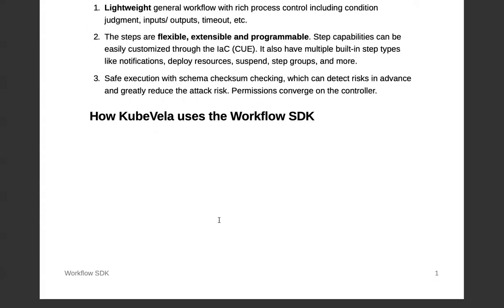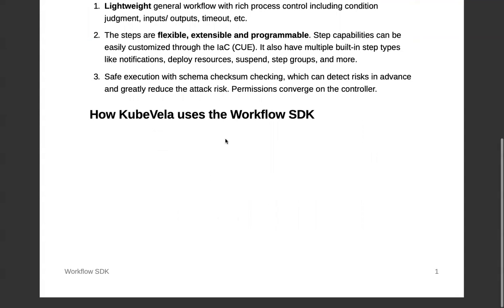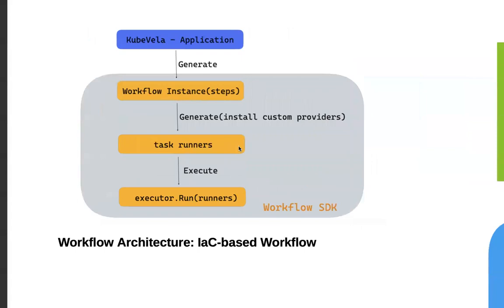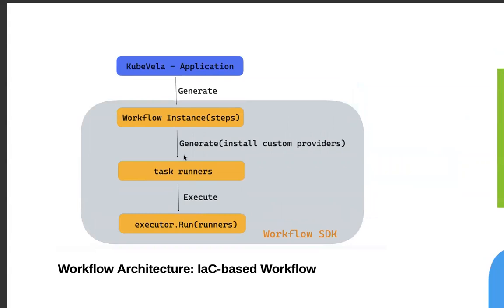So for information, currently in the master branch of KubeVela, we now use the workflow SDK to execute the application. And here's a picture to try to explain how we use that. First, in KubeVela application, we will generate a workflow instance.